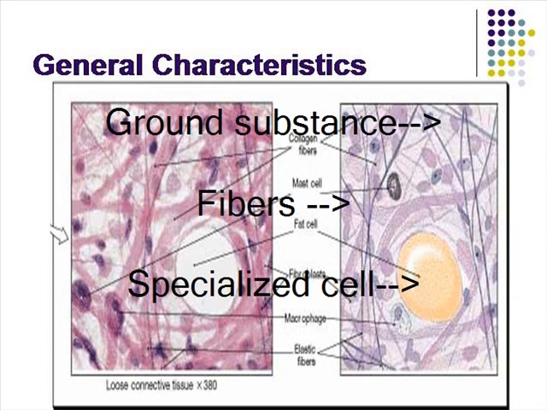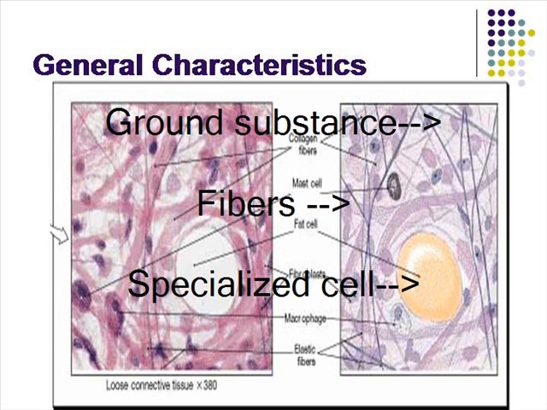In this example of connective tissue, we can see some of the general characteristics that were mentioned on the previous slide. This is a sample of loose connective tissue. The first thing that we can see is the ground substance. The ground substance is the light purple area that looks like it's holding all of the cells and fibers in place.